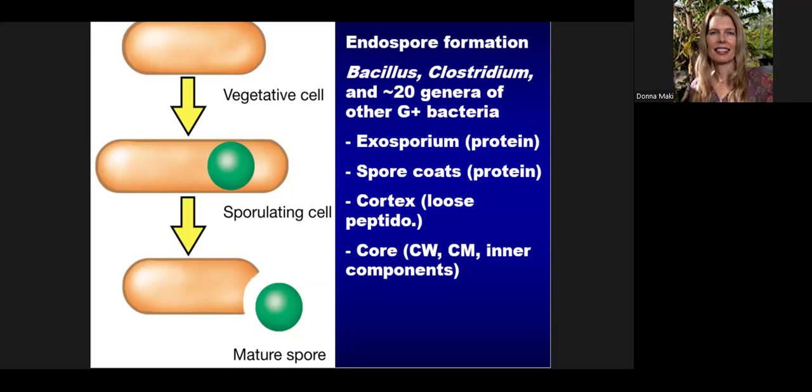It's all within the vegetative or mother cell, and it's pretty complicated. It's multiple layers of protein, the exosporium and spore coats, a lot of layers of very special protein. Then you start to see a little bit of peptidoglycan, and right under that, the proper full cell wall of the microbe, the cell membrane, and all the inner components.